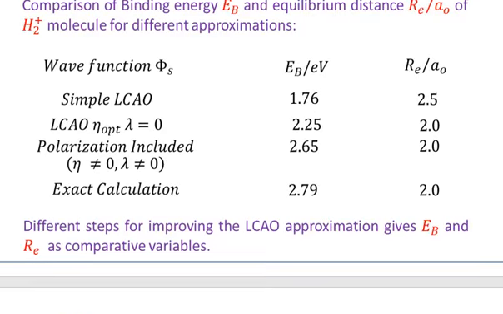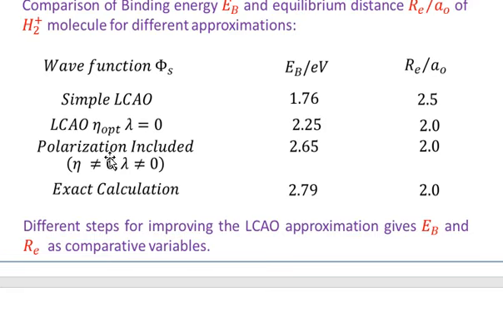And then you see that the wave functions are compared over here. For the wave function phi s, we are discussing the symmetric wave function. We are discussing the simple LCAO method, then the LCAO method with optimization of the eta parameter and lambda equal to 0.